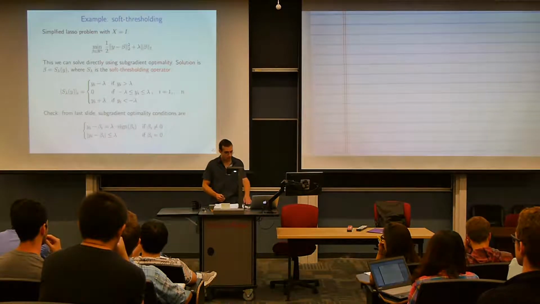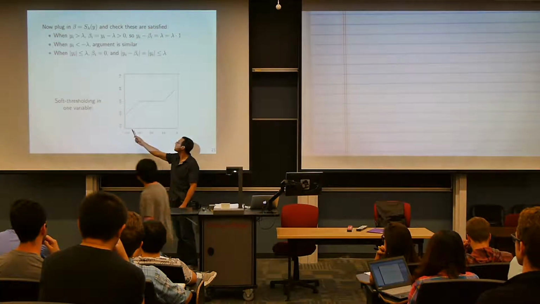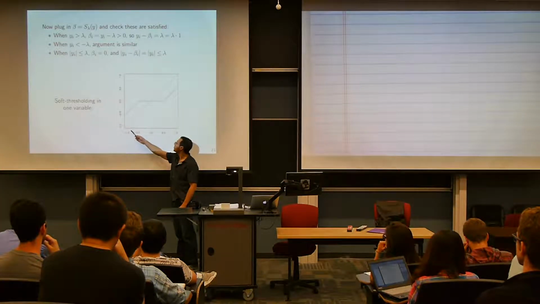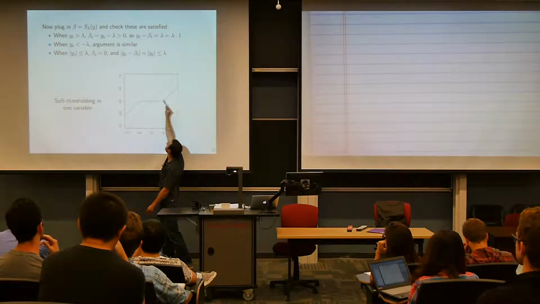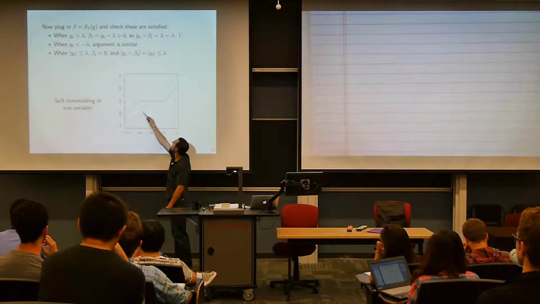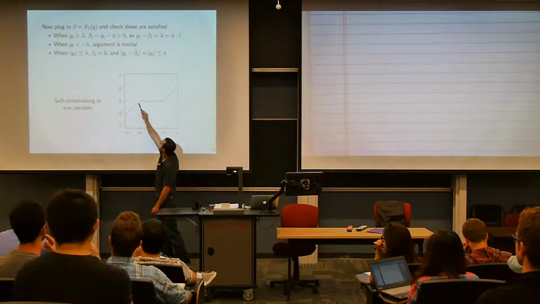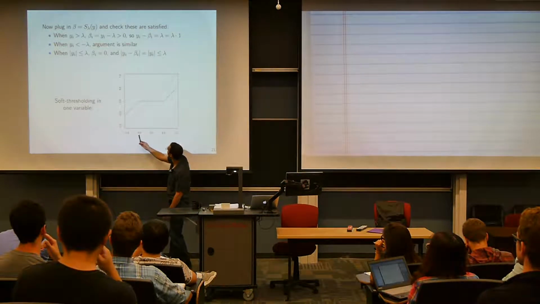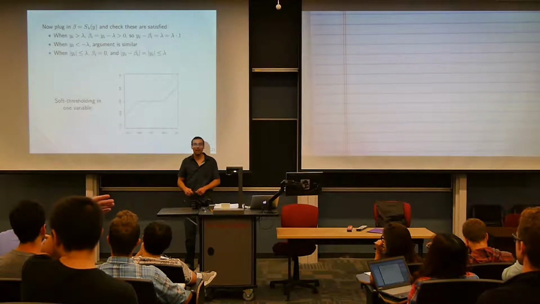Okay, so I think I have a picture on this next page. This is just what it looks like in one variable. So let's suppose this is yi, and the 45-degree line is just showing you what y scales like. So the soft thresholded version of y sets y equal to 0, in this case where lambda was a half, if y lies anywhere between minus a half and a half.